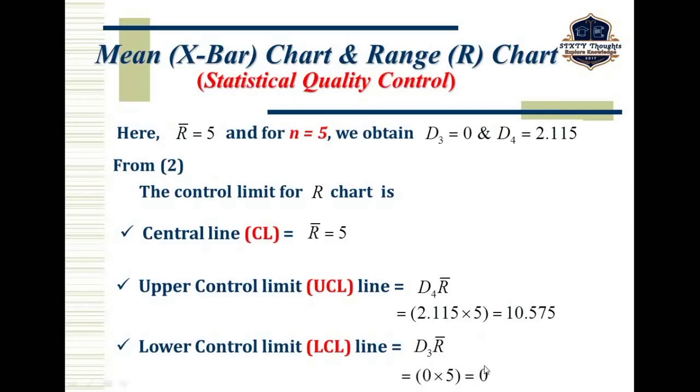Here we get 0. So how to draw the graph? We draw the central line value, next the upper control limit line value, third the lower control limit line value. Using these, after marking all the sample values, we check whether they lie between the upper control and lower control limits or not.